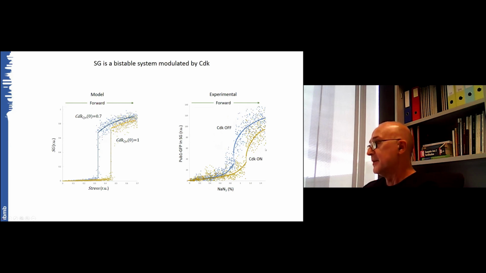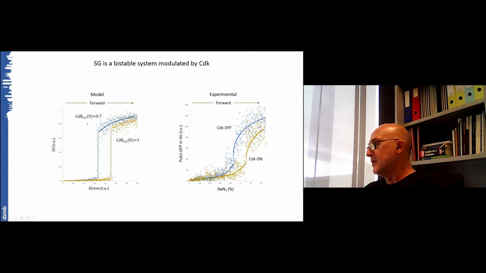We repeated the same experiment, but now with a strain in which we can manipulate the levels of cyclin, so we can have the CDK either on or off. And the experiments were similar to what the model was proposing if we decrease the ability of the CDK to work. So this result means that even though we have no CDK at all, the model still says there is something.